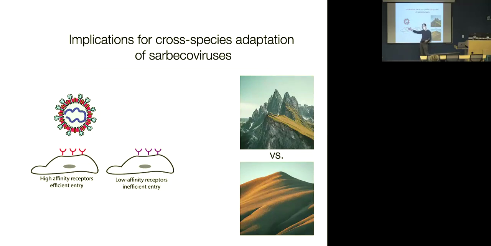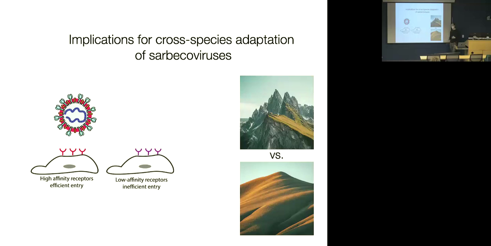However, were those absent, it could still infect at a lower efficiency. So if you think about other related viruses that might not have adapted to use high affinity receptors on human hosts, if they can utilize low affinity receptors, then instead of a very rugged fitness landscape where you have high affinity receptors or nothing, you have a much smoother fitness landscape.